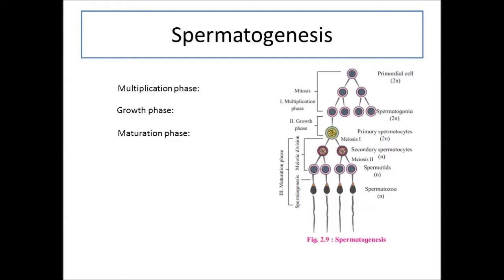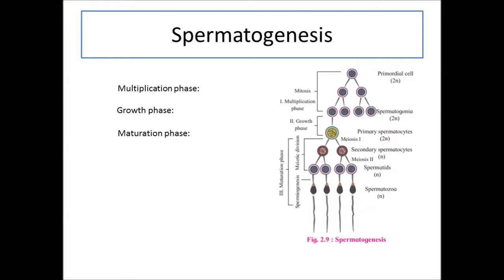During spermiogenesis, the length of the spermatid increases. The centrioles are rearranged as proximal and distal centrioles, the mitochondria become spirally coiled, and the acrosome is formed from the Golgi complex. So, this is the process of spermatogenesis.